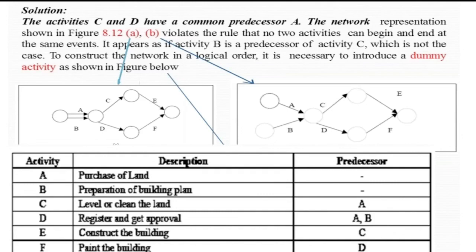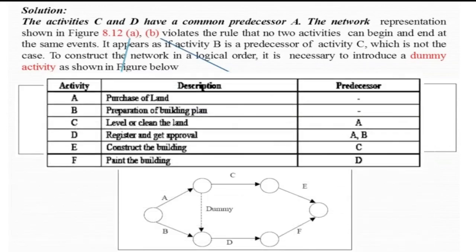It is incorrect because that is not stated in our given matrix of the problem. So this presentation is also incorrect. The correct one is this one. You introduce a dummy. So for the purchase of the land, letter A, there is no predecessor.